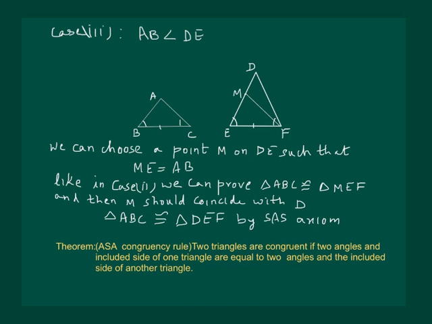Hence, we have proved the theorem that two triangles are congruent if two angles and the included side of one triangle are equal to the two angles and the included side of another triangle.